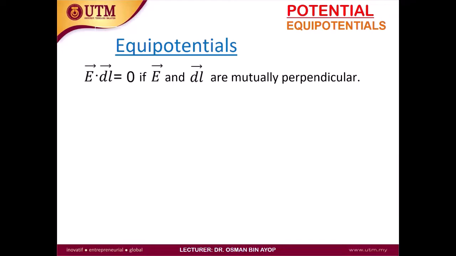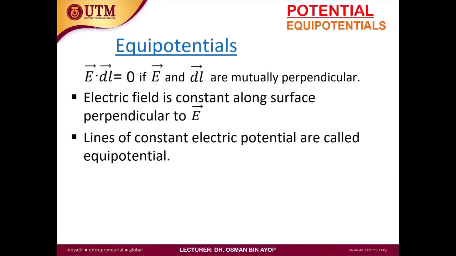This happens if your E field and your dl are mutually perpendicular, because the dot product should have certain mutual directions. It should be parallel at best. Electric field is constant along a surface perpendicular to E.